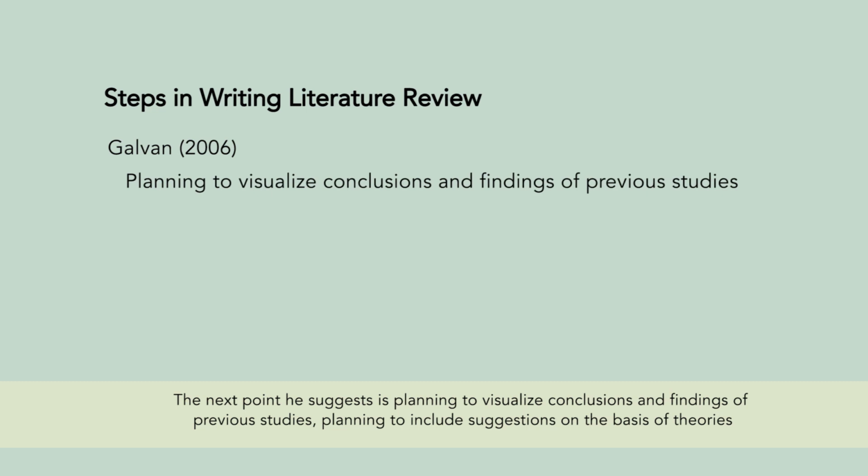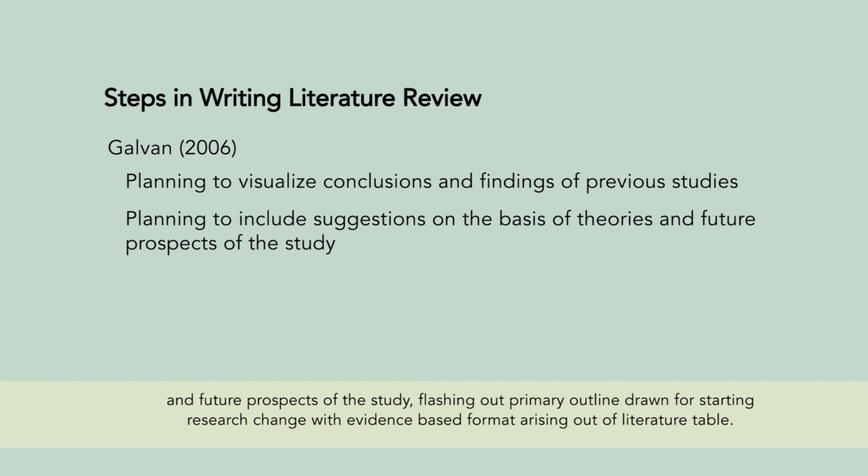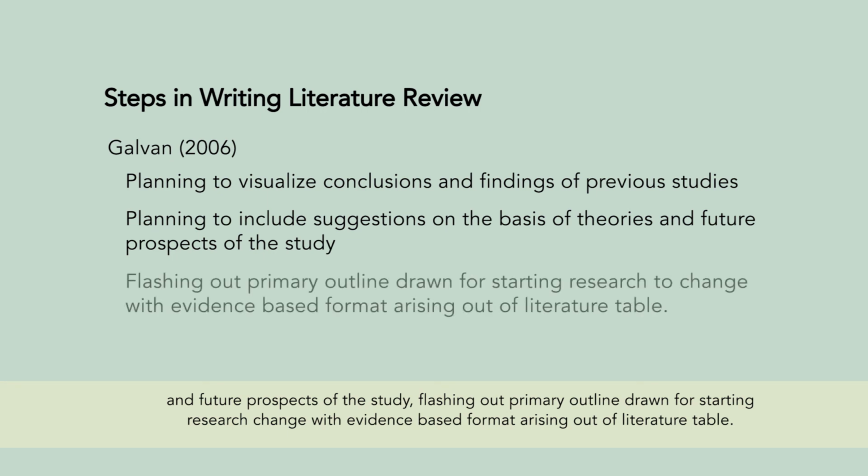The next point he suggests is planning to visualize conclusions and findings of previous studies, planning to include suggestions on the basis of theories and future prospects of the study, and fleshing out the primary outline drawn for starting research with an evidence-based format arising out of the literature table.